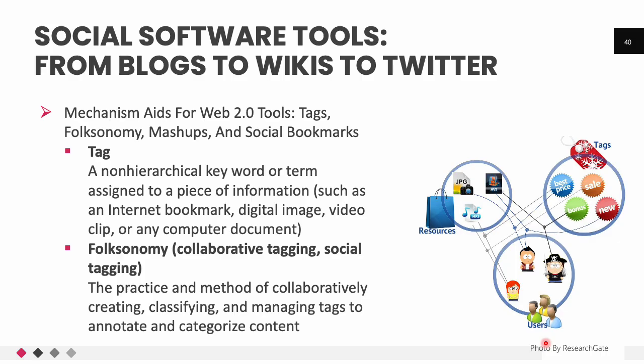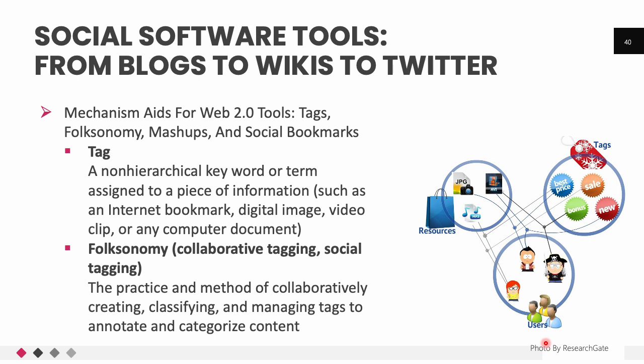So we need to think back to the early internet, where finding things was often hard. You search for a keyword and then hope for the best. And then Web 2.0, with its emphasis on user participation, introduced smarter ways to organize and find information.